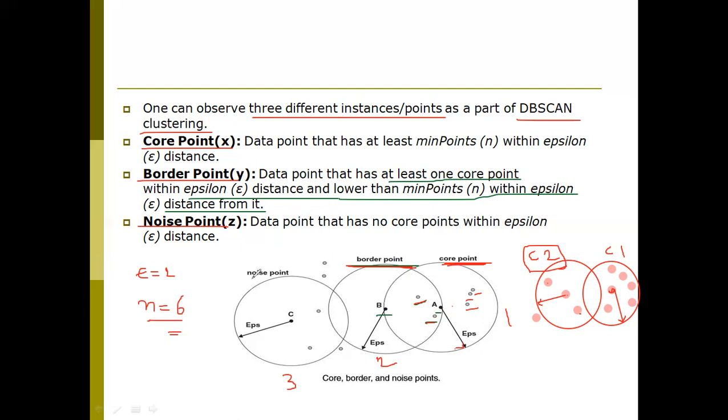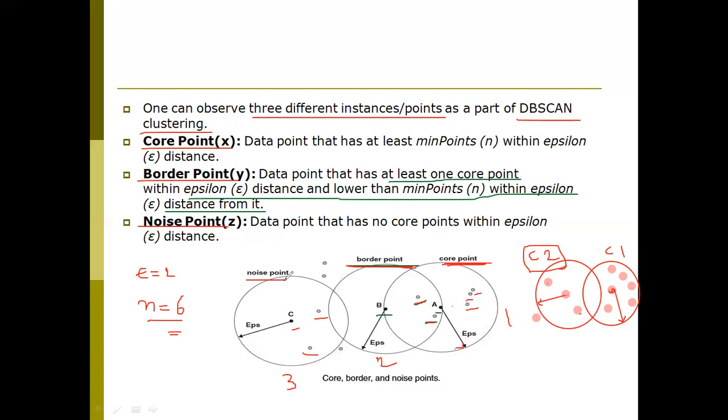And coming to the noise point, this noise point has 3 data points, 1, 2, 3, but it doesn't have any core points within it. So that's why it's called a noise point. What is the first condition of a noise point?